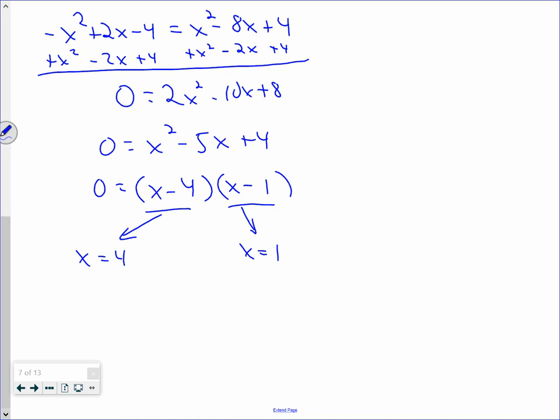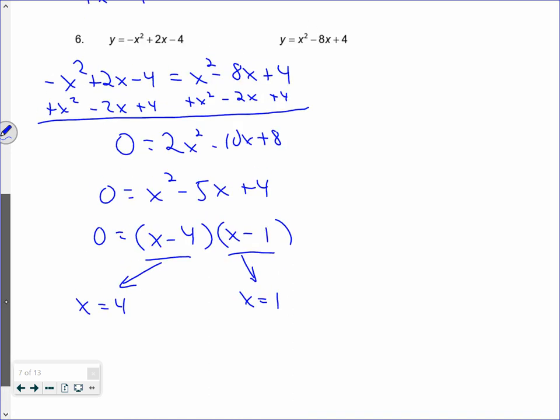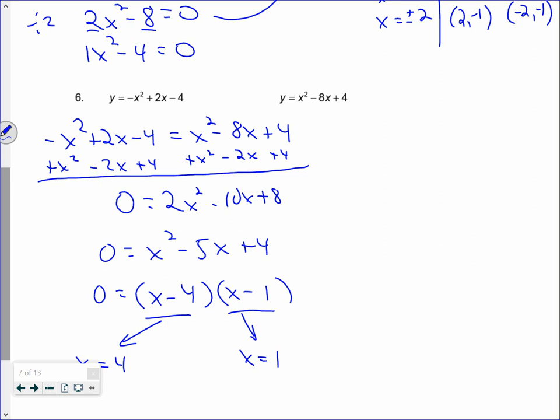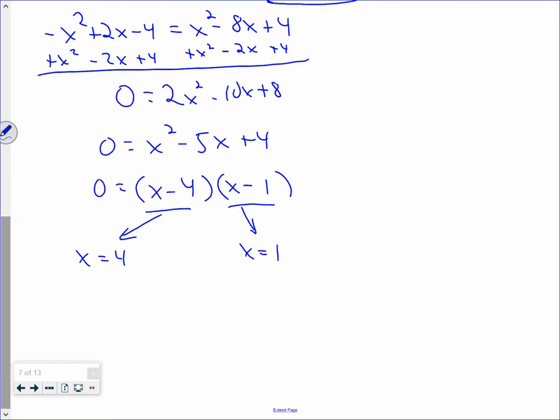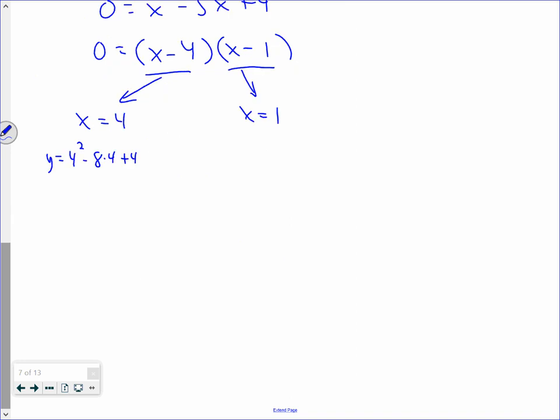I don't think that either one of these equations is easier, but this negative in front of the x squared causes some people to mess up on their arithmetic, and this doesn't have it, so I'm going to plug everything into that second one. And again, practice doing this without your calculator.